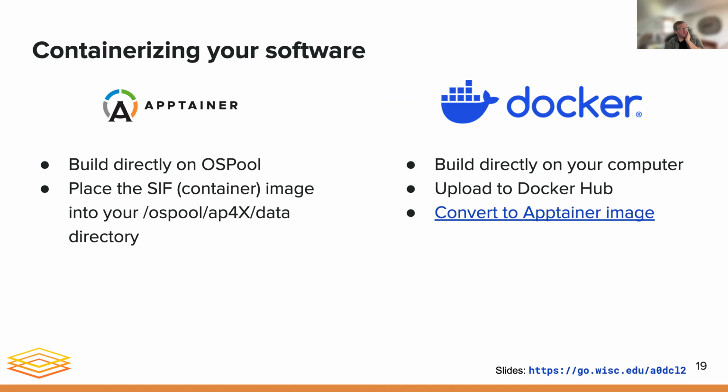Docker, you can build on your computer and upload your container image to Docker Hub, which is a public repository. Then the OSPool, if you are using a Docker image, will actually convert it to an Apptainer image on the fly. But in the OSPool, it's easier to just use an Apptainer image from the start.